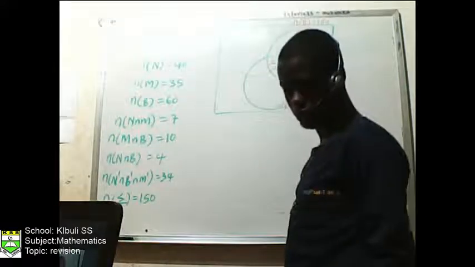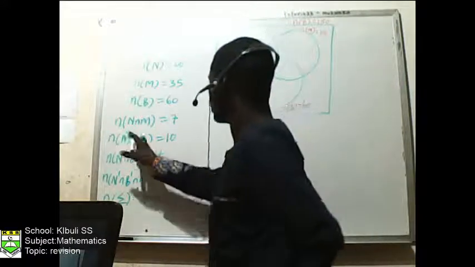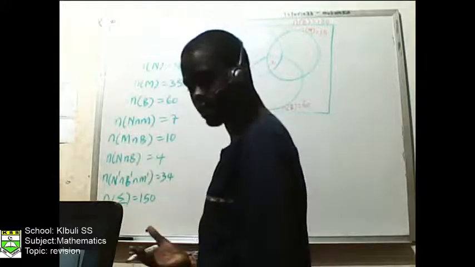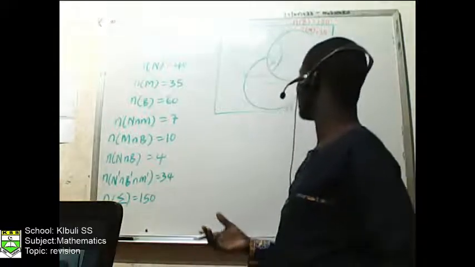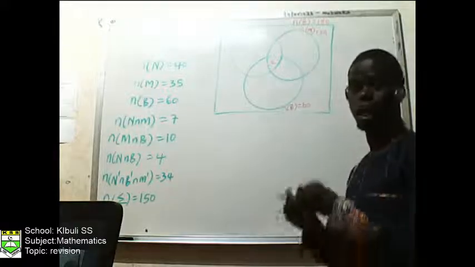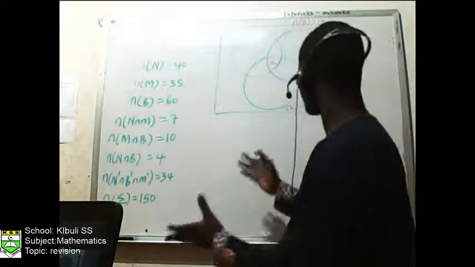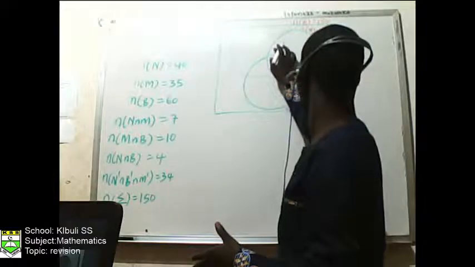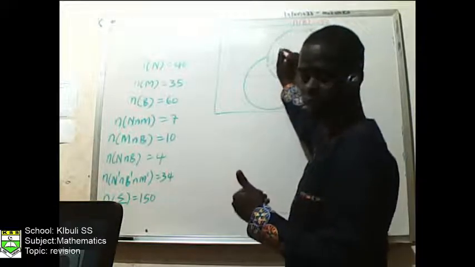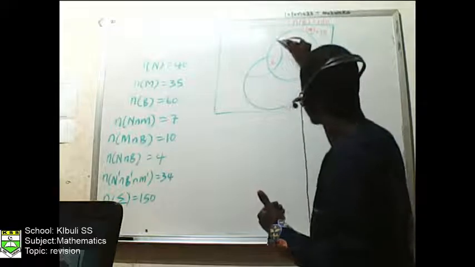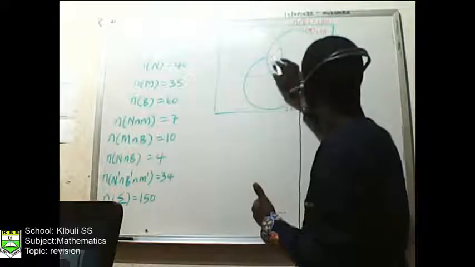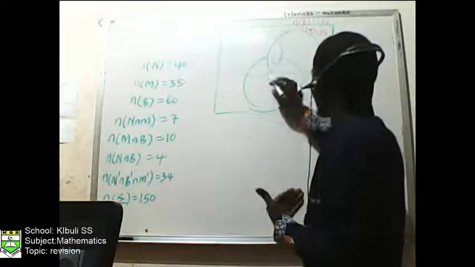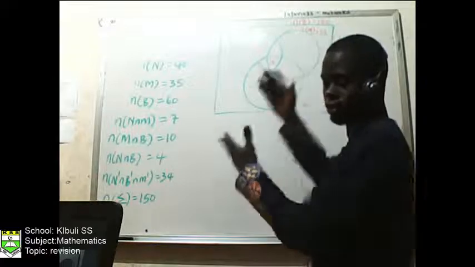Now, after letting them be X, they continue to tell us that 7 read New Vision and Monitor. But they are not telling us that they read New Vision and Monitor only, just that 7 read New Vision and Monitor. So if the 7 read New Vision and Monitor, the 7 are supposed to be here, but you're not going to write 7 like that, because it includes all the members, also these ones that read New Vision and Monitor but also read some little bit of Book. They are included in those 7.